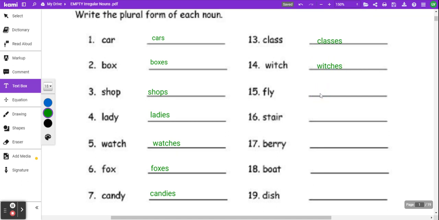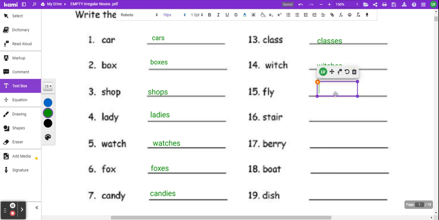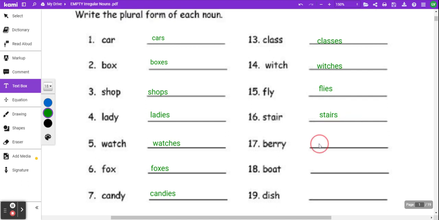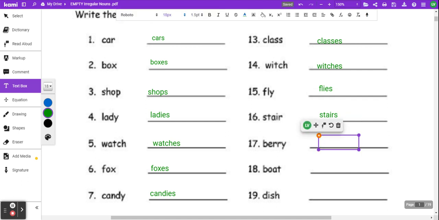What about fly? Flies. Good. Stair. Stairs. Just S. Berry. Berries. Good.